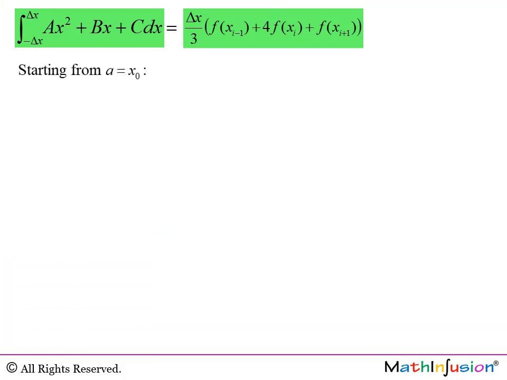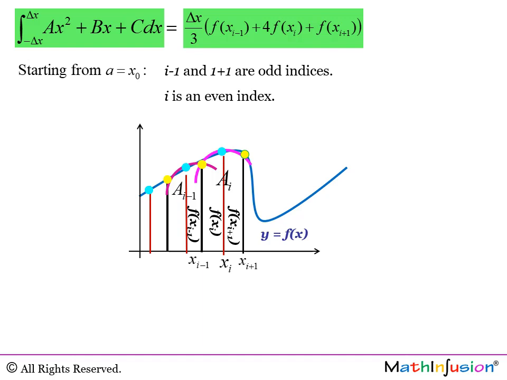But now let's start from a equals x of 0. I minus 1 and I plus 1 are odd indices, and I is an even index. It means that if you look at the first area, AI minus 1 and AI, then if you see the yellow big dot, it appears twice. And this guy appears only once.